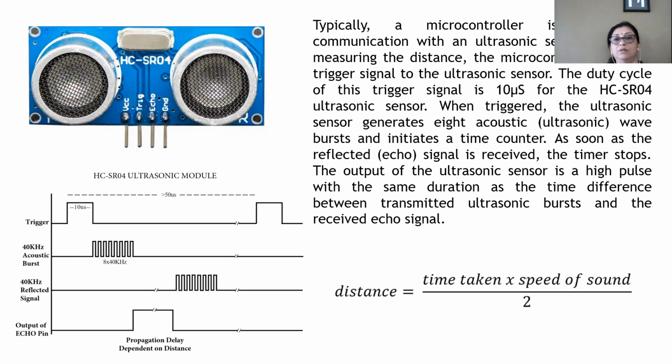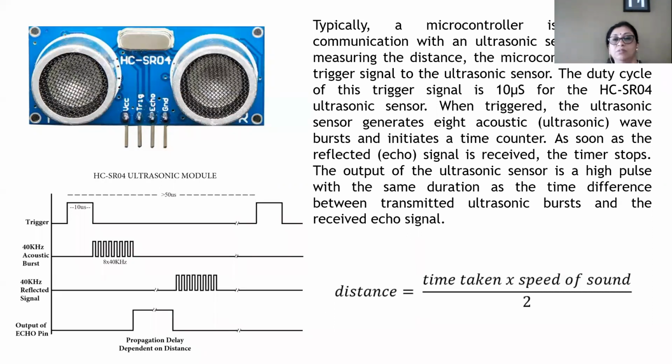When this trigger is applied, the ultrasonic wave is initiated, and at that time the timer counter is also started. As soon as the reflected signal is received, the timer counter is stopped. In this way, the time duration of traversal of ultrasound waves is measured with the help of the timer. So actually the output of this ultrasonic sensor is a high going pulse.